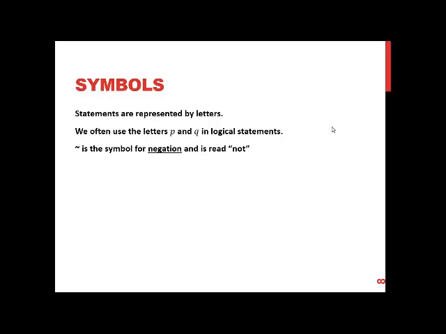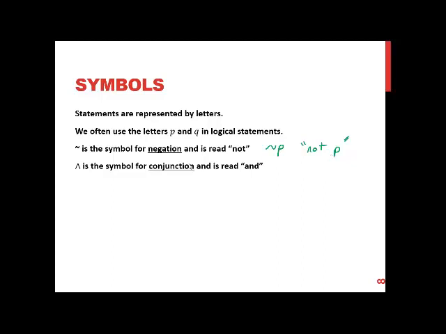The tilde is the symbol for negation, and the way we read that is "not," such as tilde P would be "not P," as in the statement P, the negation of statement P. The conjunction is represented with a wedge.